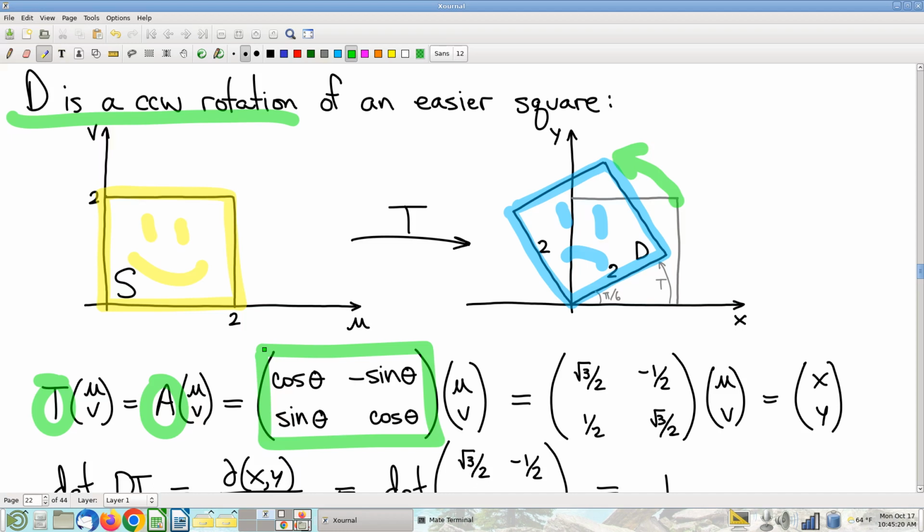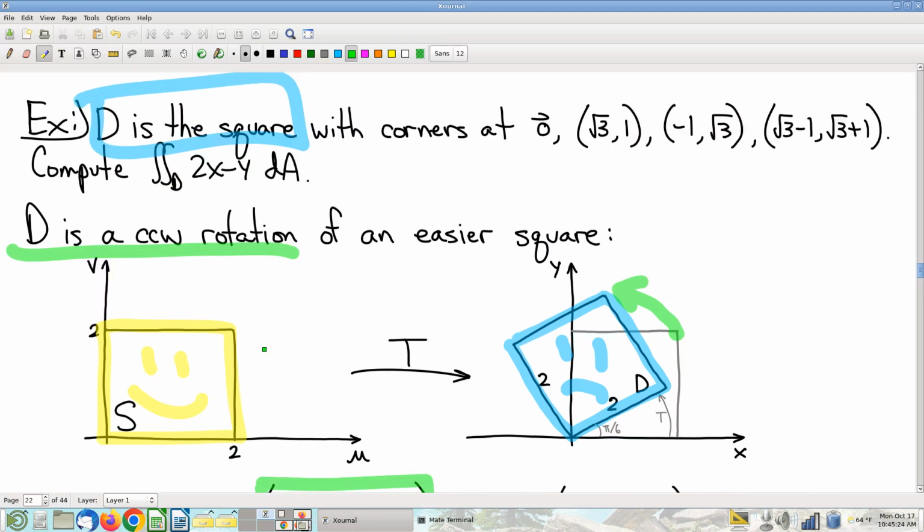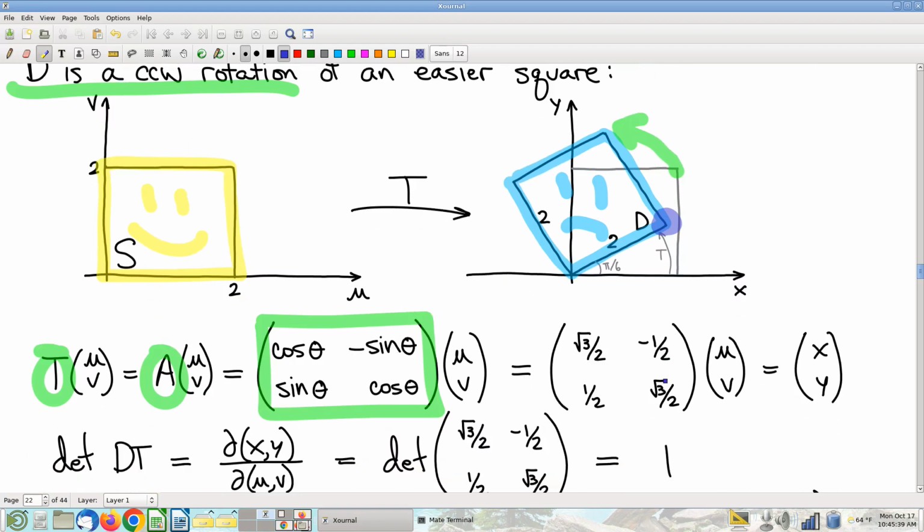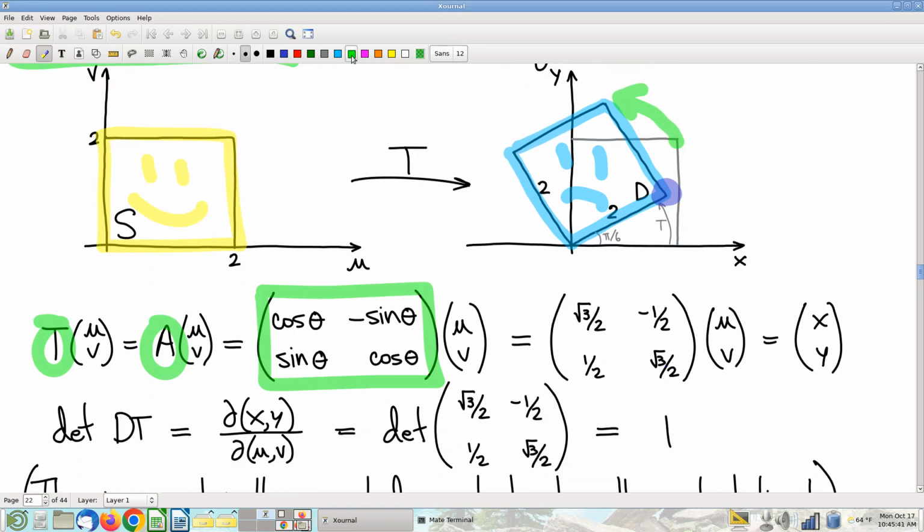Okay. All right. The specifics of the points that I'm given here, like that point right there is that point right there. With a little bit of trig and thinking about these coordinates, you can identify that this angle is pi over 6. And so we're rotating by an angle of pi over 6. That allows us to compute the matrix exactly.